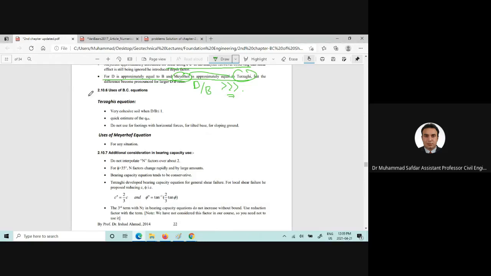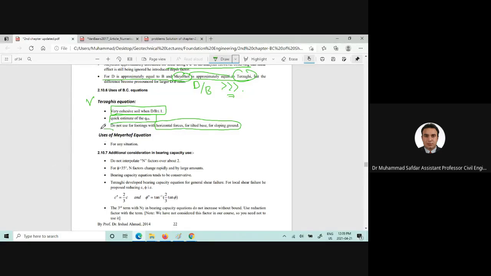Terzaghi theory can be used for very cohesive soil and for shallow foundations. We can get a quick estimate of the ultimate bearing capacity of the soil, but we are unable to use it to get the bearing capacity for horizontal forces, for tilted bases, and for sloping ground.